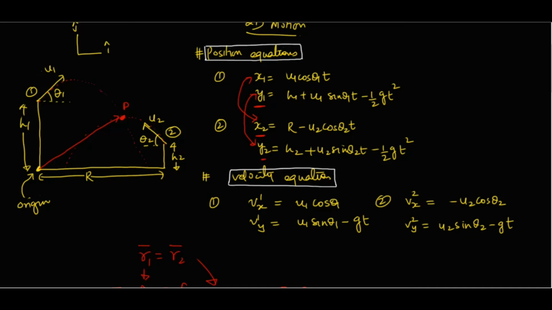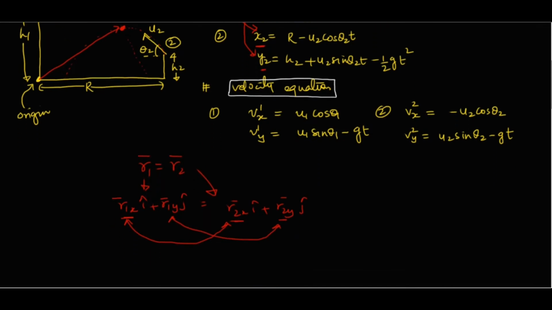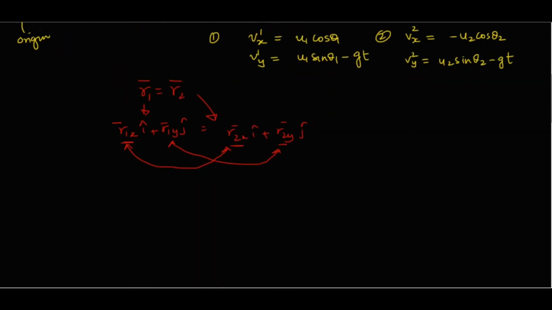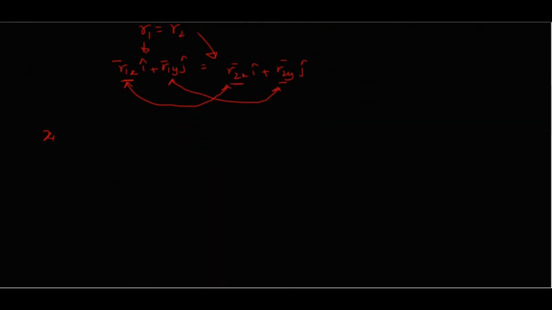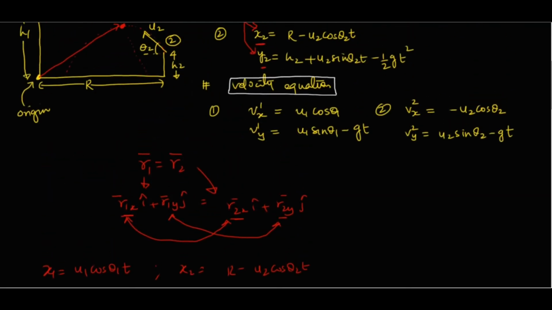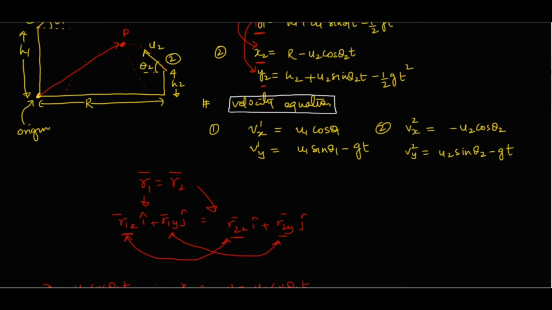Now if I'm going to solve for the time, the equations are going to look like this: x1, that was u1 cos theta 1 t, and this x2 was r minus u2 cos theta 2 t. Here you can see that this is r minus u2 cos theta 2 t.